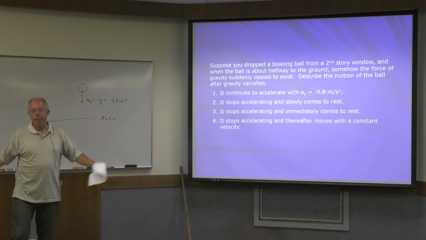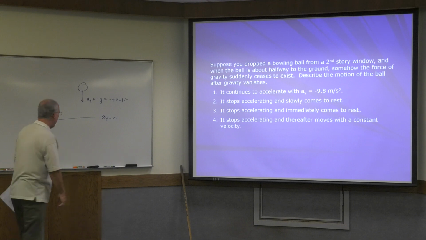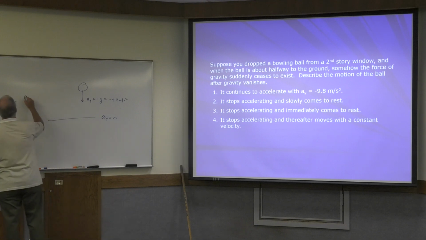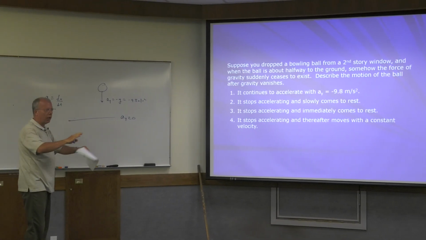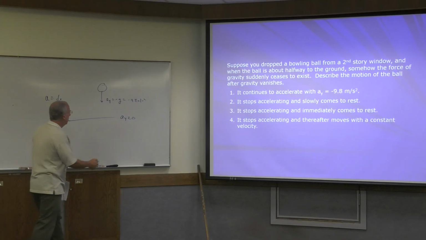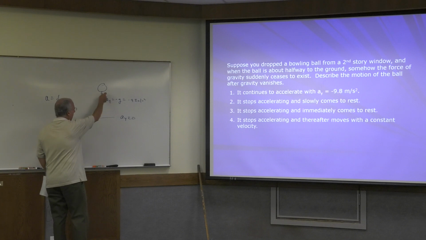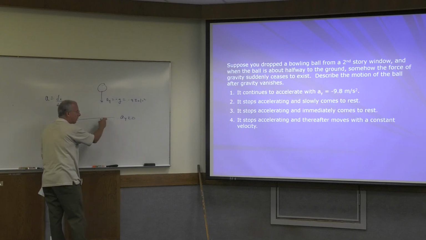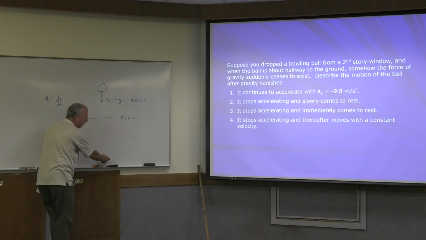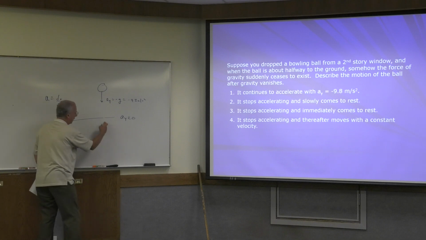So what happens? Remember, a is dv/dt, right? So it just means that the velocity is no longer changing. Whatever speed it has attained here, it just stays with that same speed, right? Because a is 0, so nothing is changing.